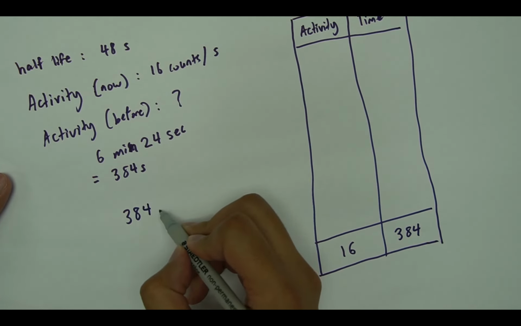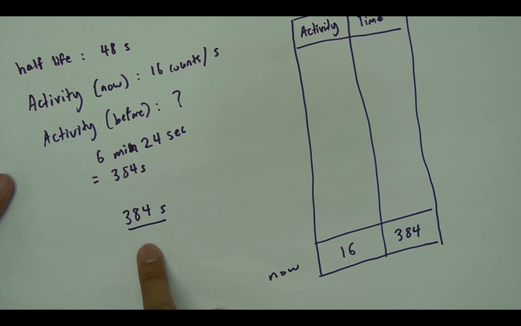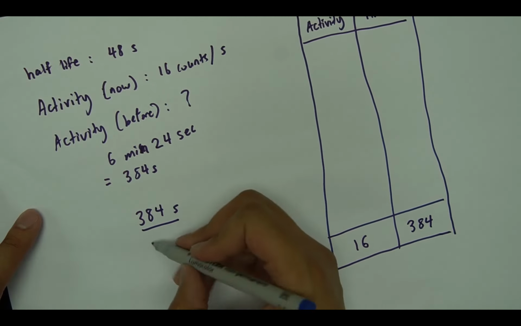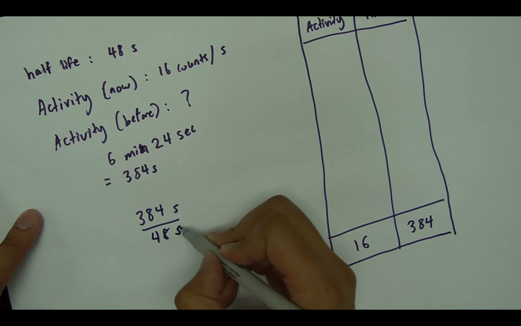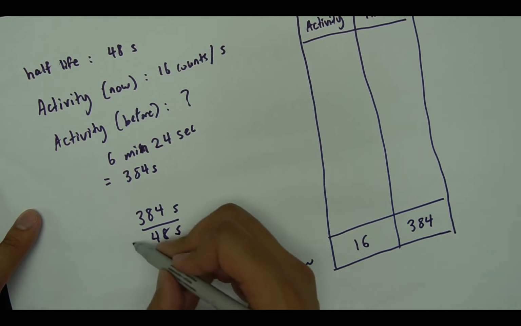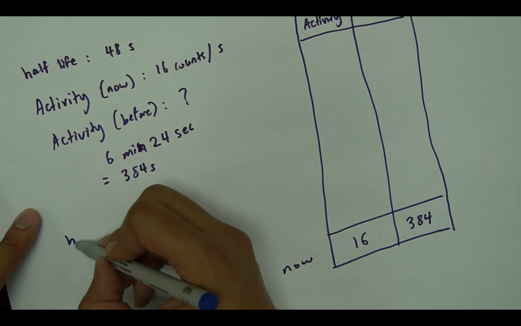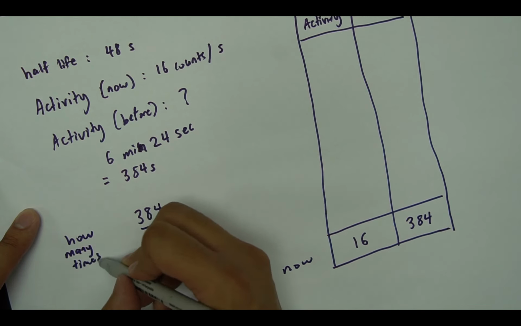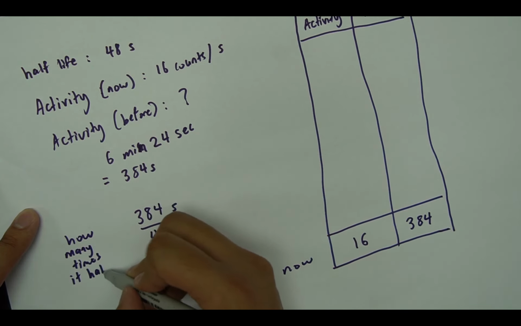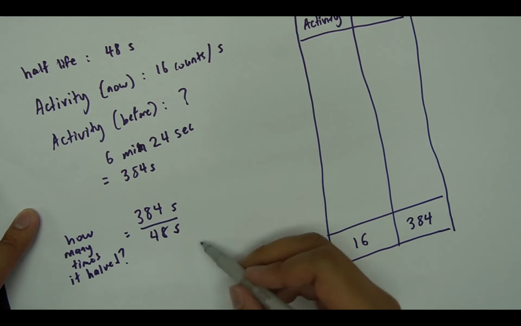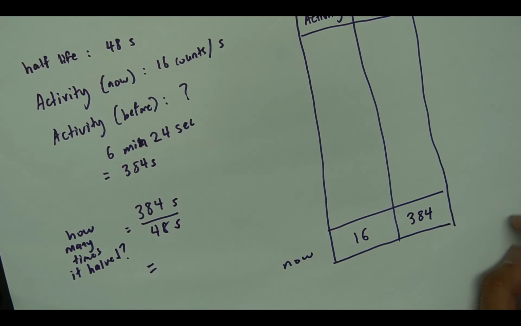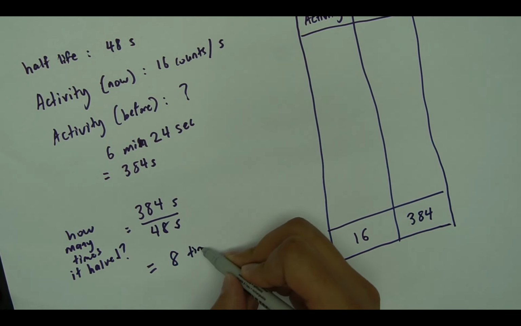The total amount of time is 384 seconds, and the half-life is 48 seconds. 384 divided by 48 is 8. So in other words, 8 times.